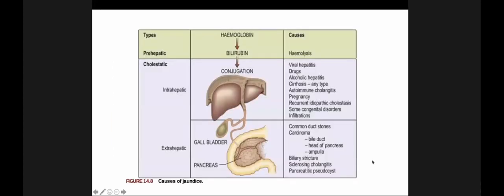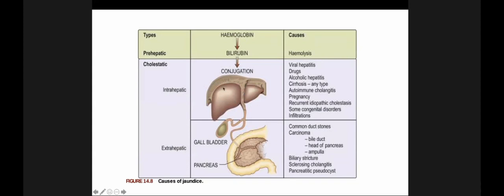All right. So we've gone through some cases. Let's just recap what we learned. When it comes to jaundice, this is from your Kumar and Clark. It can be something occurring prior to the liver or after the liver. Prior to the liver, pre-hepatic, due to hemolysis. After the liver can be either within the liver or in the biliary system.